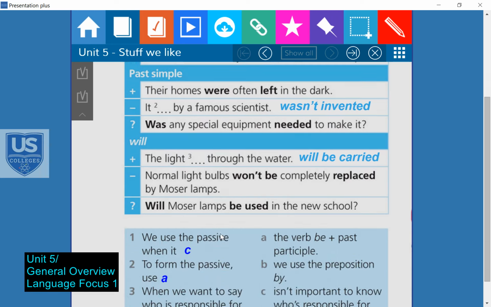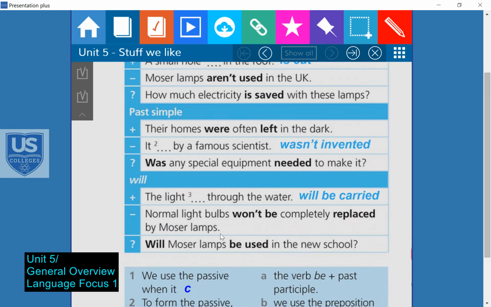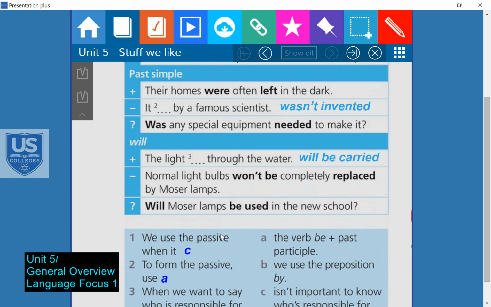So here, past simple now. Their homes were often left in the dark. Positive sentence. It wasn't invented by a famous scientist. A negative sentence in past simple passive.